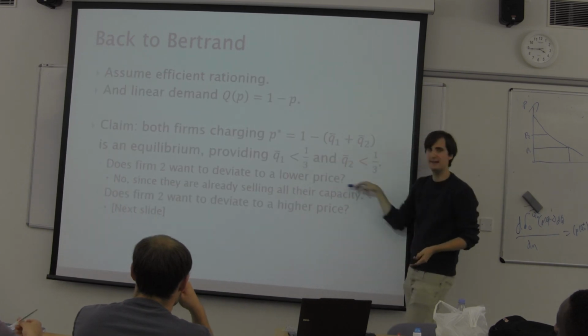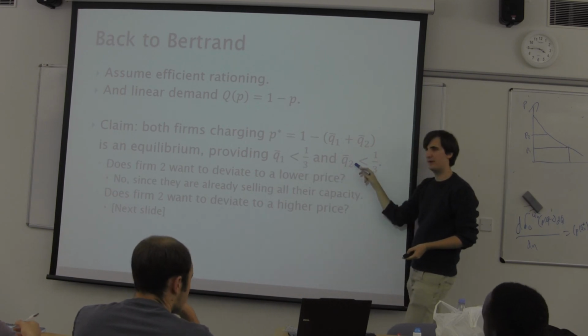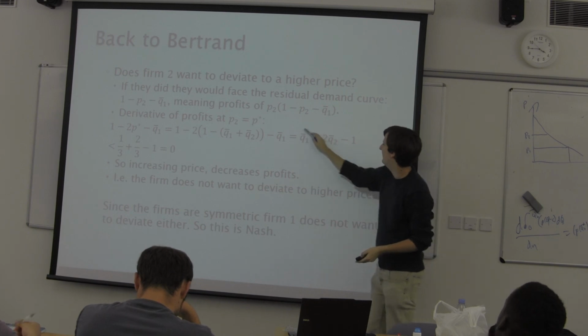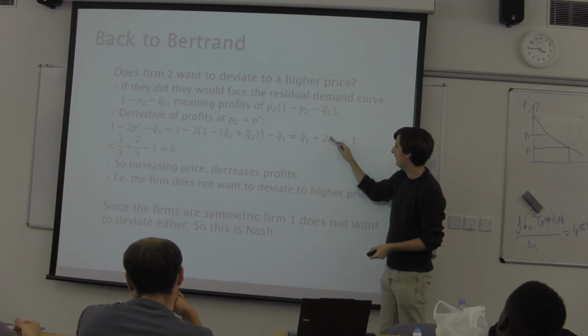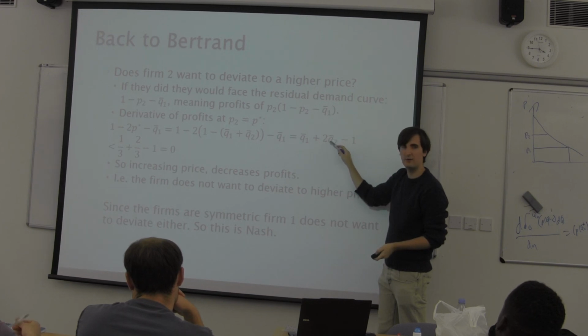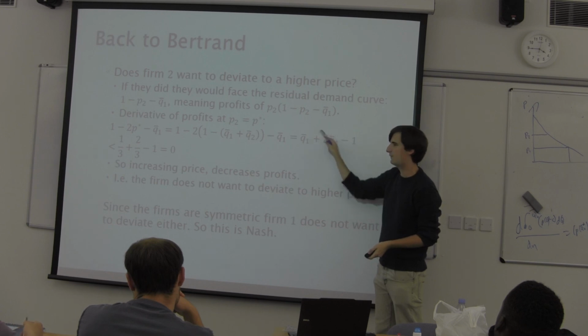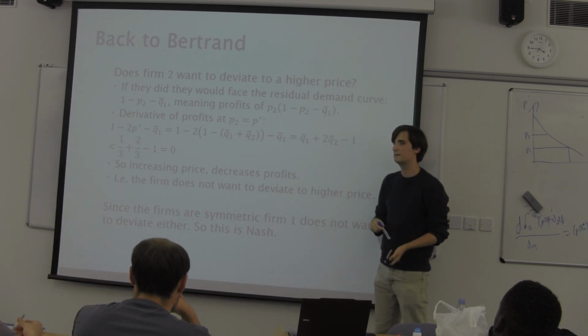We made this technical assumption earlier that Q1 bar is less than a third and Q2 bar is less than a third as well. So 2 times it is less than 2/3. So all of this must be less than 1, so the whole thing must be negative.